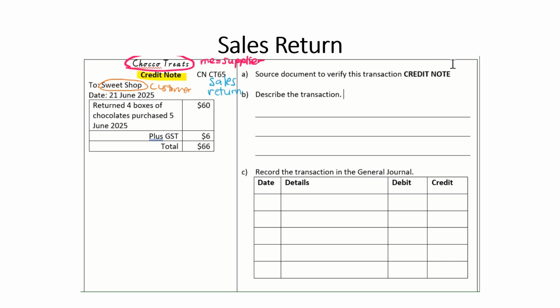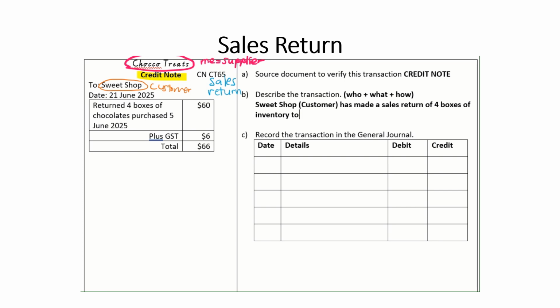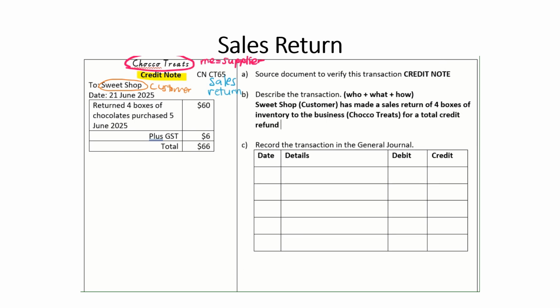Now, to describe this transaction, we will address the who, what, and how. So in this case here, Sweet Shop as the customer has made a sales return of 4 boxes of inventory to the business, Choco Treats, for a total credit refund of $66.